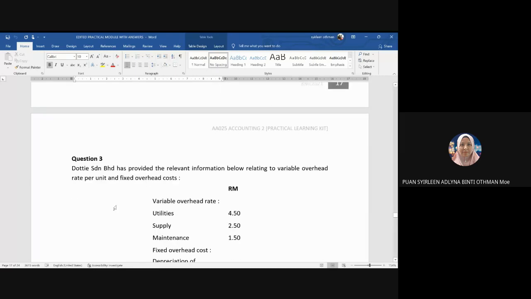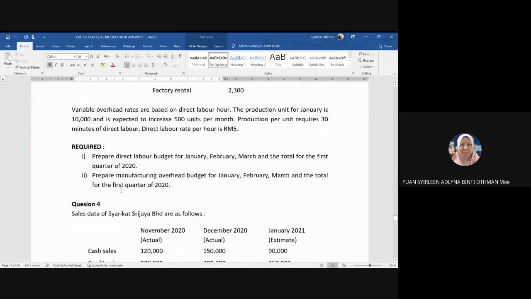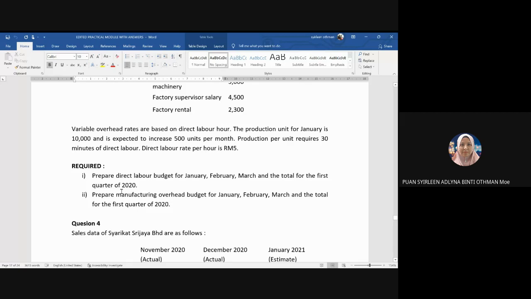And then you have question 3, di mana you akan prepare direct labor budget untuk January, February and March. Soalan ni lain-lain dia tak bersambung-sambung. Okay. Lepas tu kita ada question 4. Okay. And then kita ada question 5 and question 6.